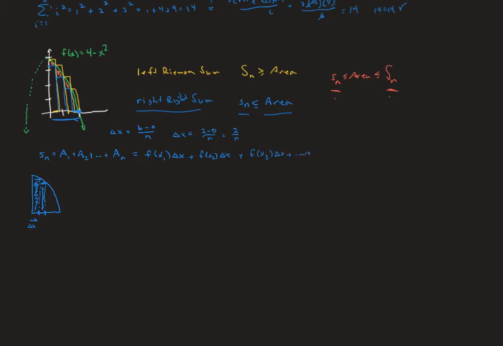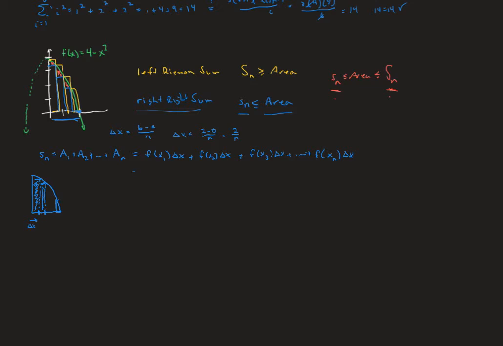I'm going to do that all the way until we get to the nth rectangle, and I'm going to put that right side in, and I know that's going to be 0 in this case, but I'm going to call that f of x sub n delta x. So there is our approximation using n right rectangles.